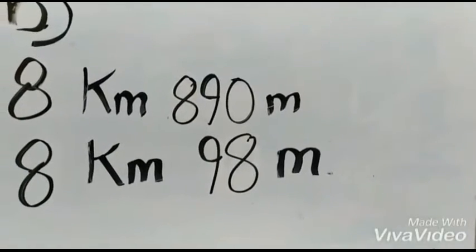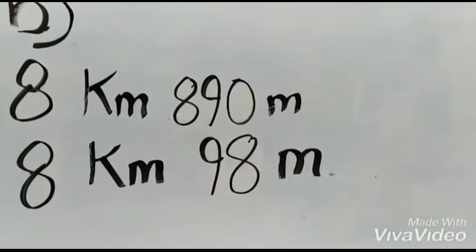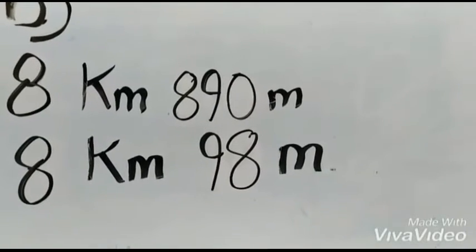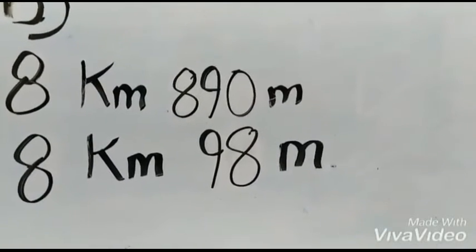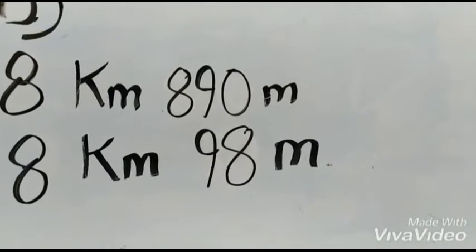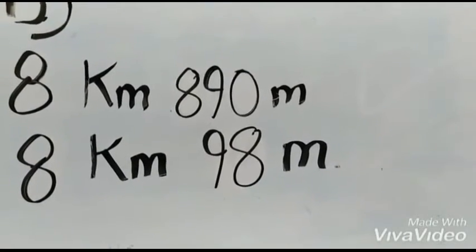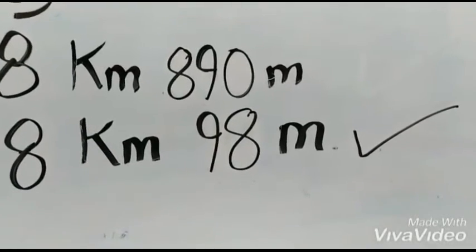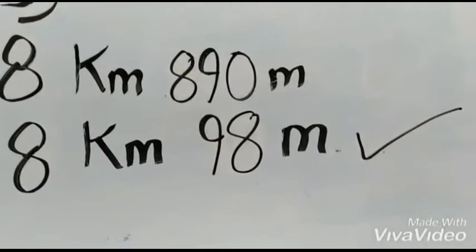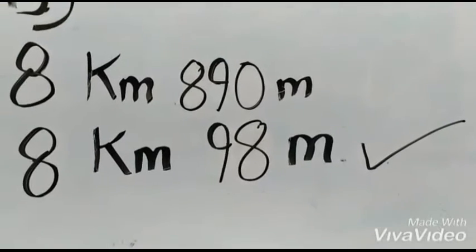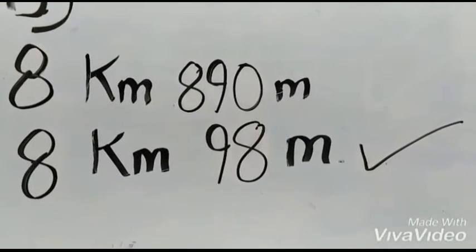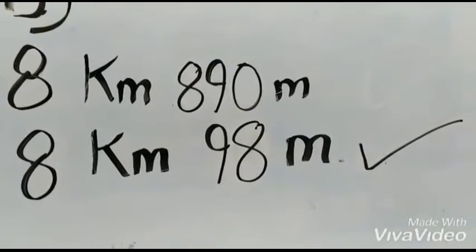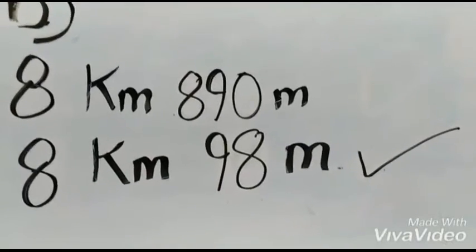You can notice that both lengths have the same kilometers, 8 kilometers. So we have to look at the length of the meters. 890 or 98. Excellent. 98 is smaller than 890. So 8 kilometers, 98 meters is smaller than 8 kilometers, 890 meters.